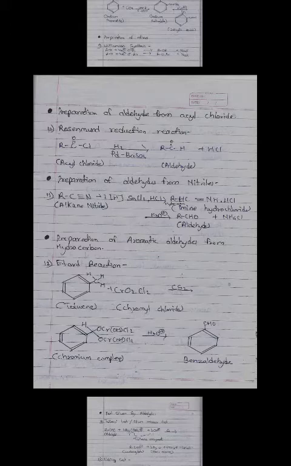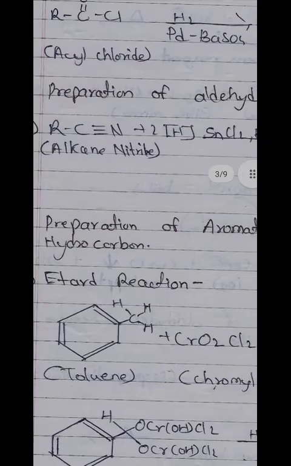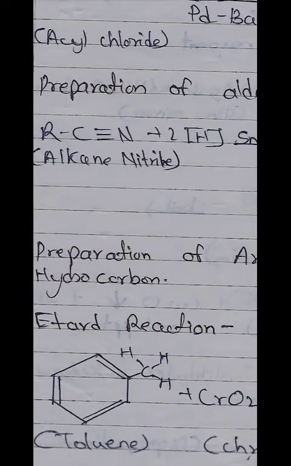So preparation of aldehyde from nitriles. Nitriles mean compounds containing nitrogen. So alkane nitrile, RC triple bond N, as you can see here, is sp hybridization.